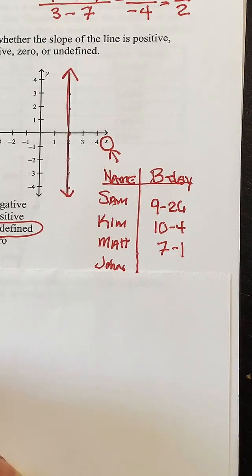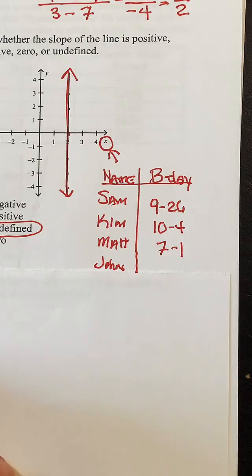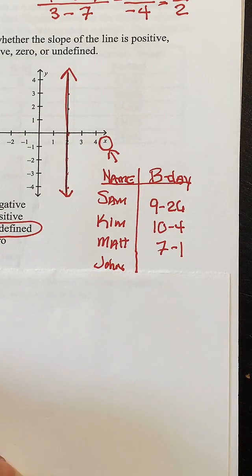Put in the chat. Okay? Is it logical? Yes. Is it logical for more than one person to have the same birthday? Yes, it is. Right? But here's the thing.